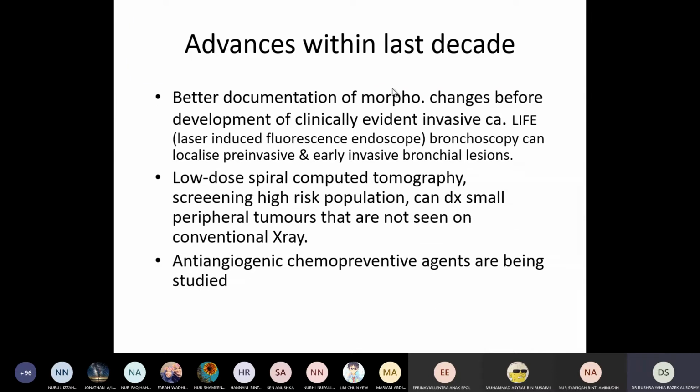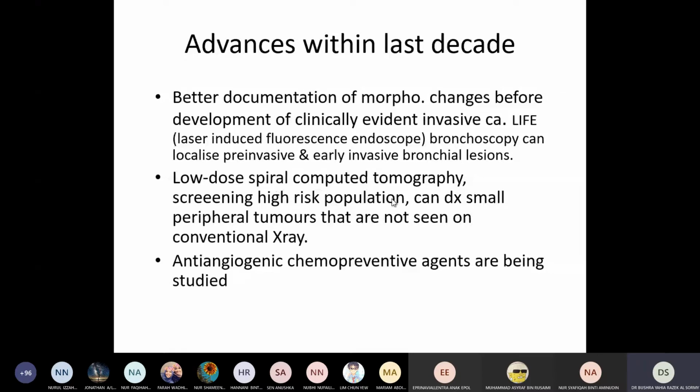Okay, there have been advances in the last decade, I mean new recent methods for early detection of tumor, with better documentation of morphological change before development of clinical evidence, like LIFE, laser-induced fluorescence endoscopy, which is a bronchoscopy that can localize pre-invasive and early invasive bronchial lesions.